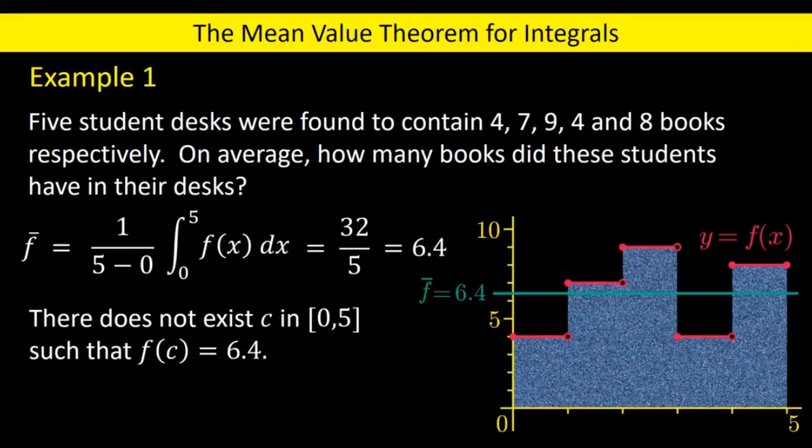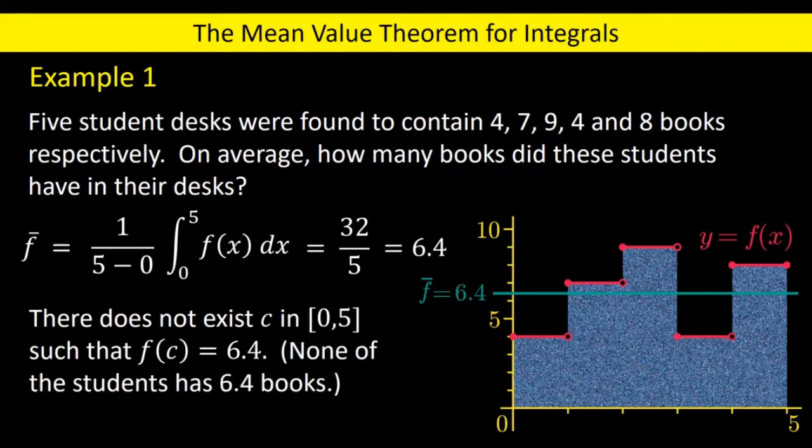Now let's have another look at example 1. In this case, the average value of the function was 6.4. Notice that there is no point c in the interval [0, 5] where the function value is exactly 6.4.